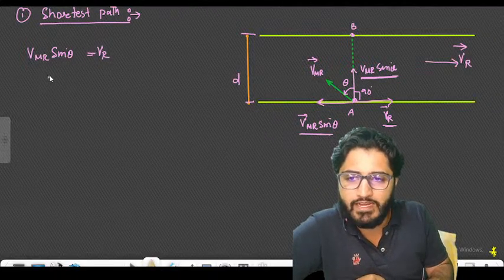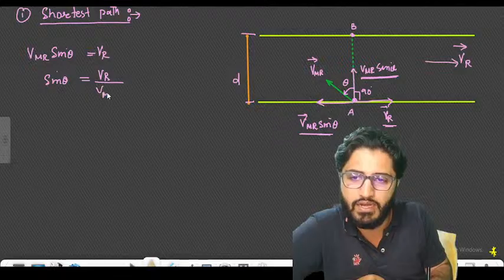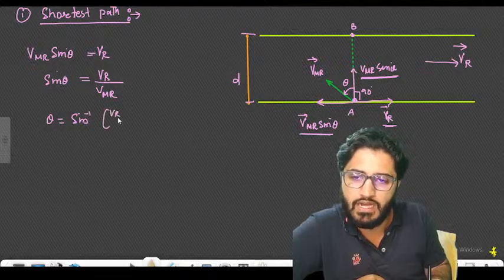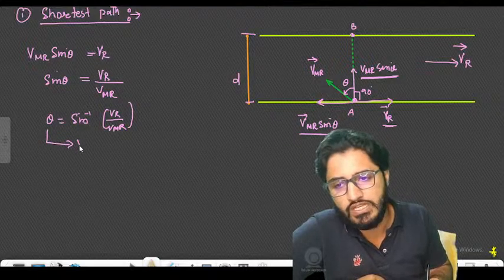So you will find the angle of projection. You will write VMR sine theta equals VR, or theta equals sine inverse of VR divided by VMR. But that particular angle is from the vertical.